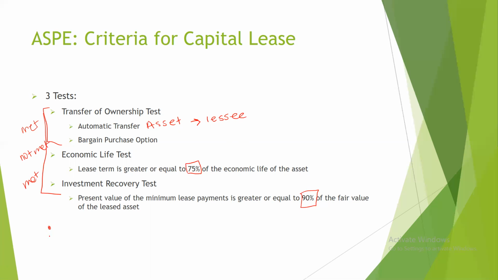So then you would say, in conclusion, this is a capital lease because 2 tests are met. So you need to go through all of them; even if the first one is met and you know it's a capital lease, go through each one first.